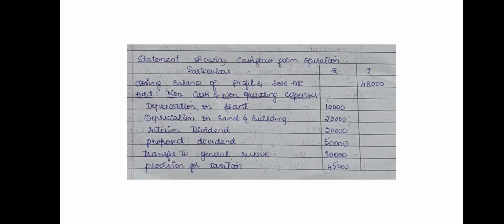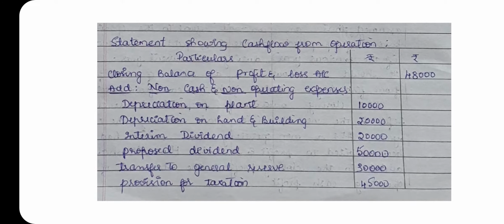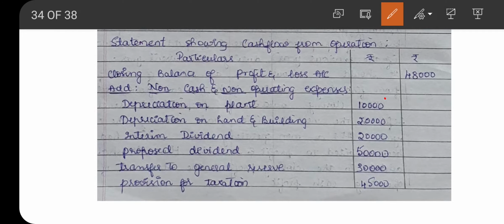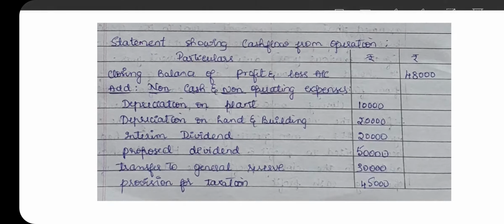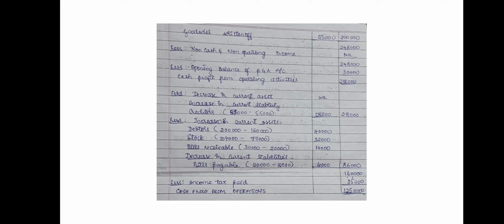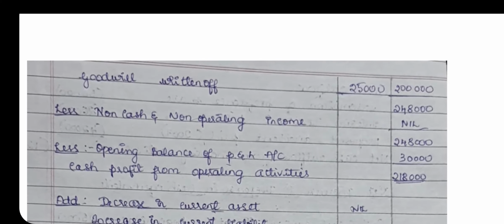So these are the non-operating expenses: depreciation on plant 10,000, depreciation on land and building 20,000, interim dividend 20,000, proposed dividend 50,000, transfer to reserve 30,000, provision for taxation 45,000, and goodwill written off 25,000.